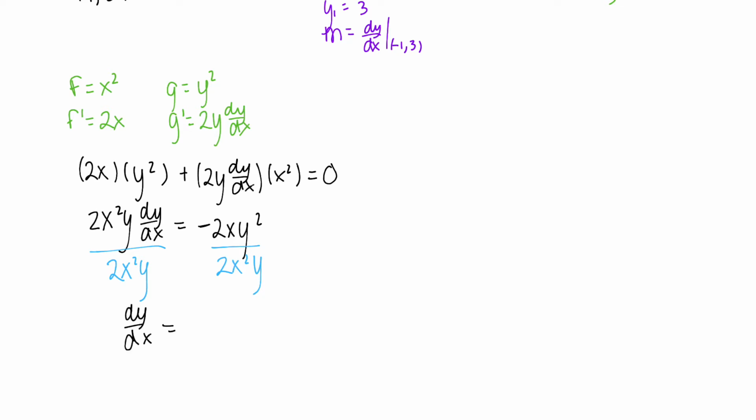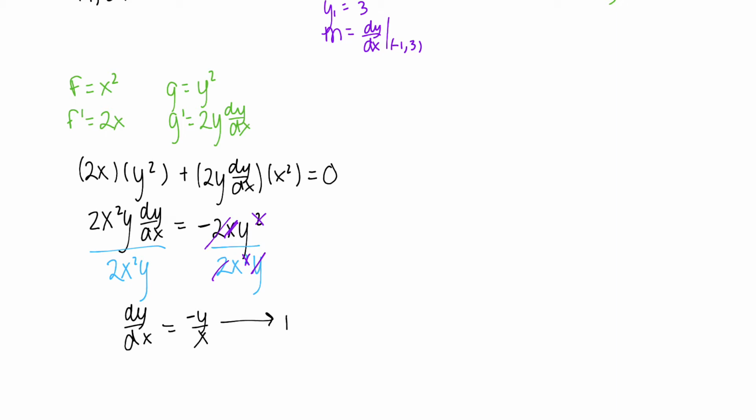You get some stuff that cancels, these 2's cancel. This x on top cancels, so you no longer have the x squared. This y on the bottom cancels, so you no longer have the square up there. It becomes negative y over x.